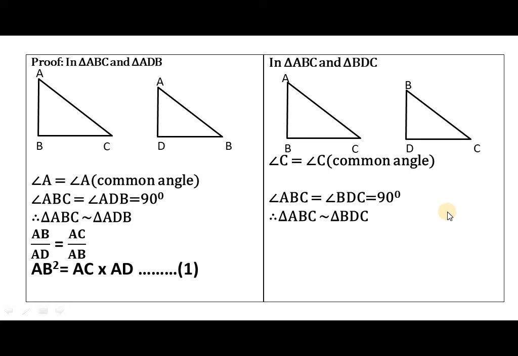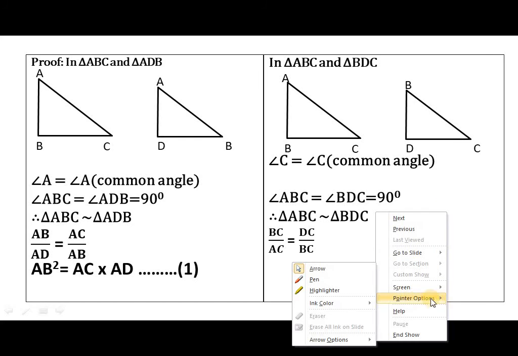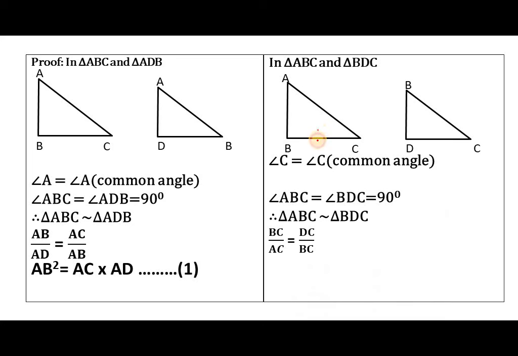Now if two triangles become similar, their corresponding sides are in proportion. Therefore we can write BC divided by AC is equal to DC divided by BC.